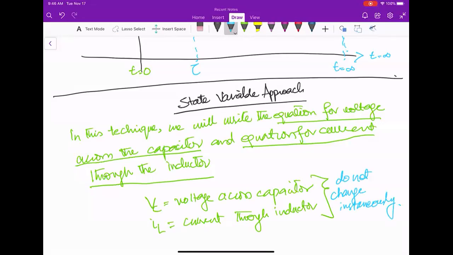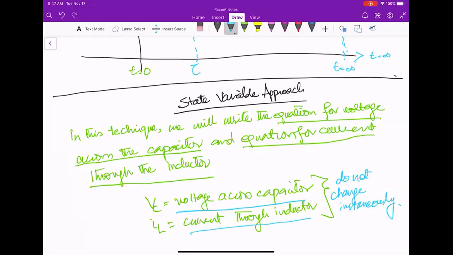They both take time to develop. For the capacitor, when we connect the voltage source, it takes time to reach its maximum. Similarly, current takes time to pass through the inductor. So that's why we will take care of this scenario. So let's start doing this here.